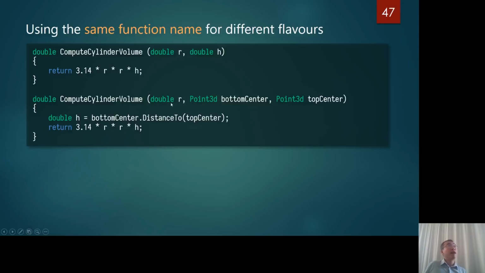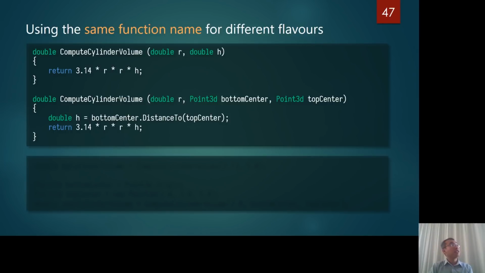If I supply a double and a Point3D, it will automatically figure out, just by looking at the types that you supply to it, and match it with the right version. You cannot do this in Python because in Python you don't declare the type of the input parameters, so there is no way for Python to know which data type you want. But it's very important in C#.